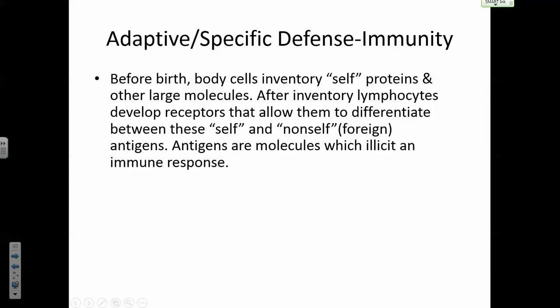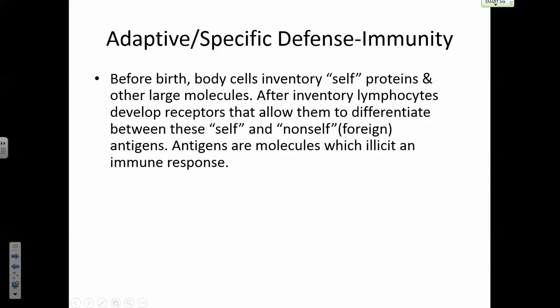It's like they go through a little boot camp. I know that sounds silly, but they go through a little boot camp, either in the bone marrow or in the thymus gland, that teaches these early cells to recognize your self antigens.